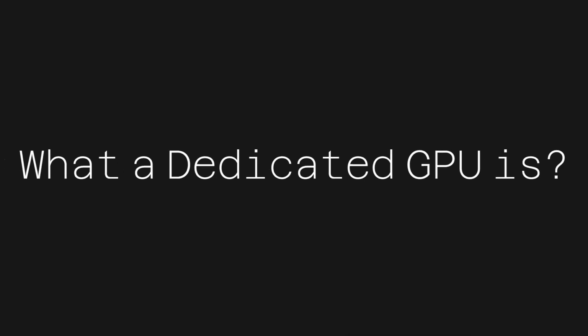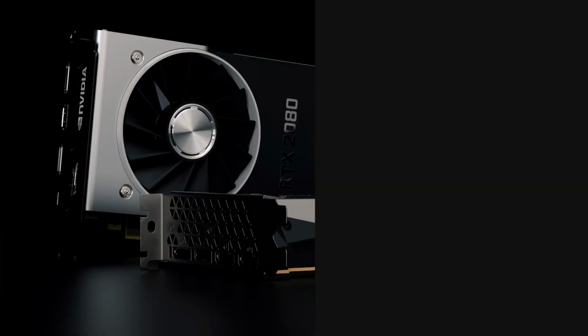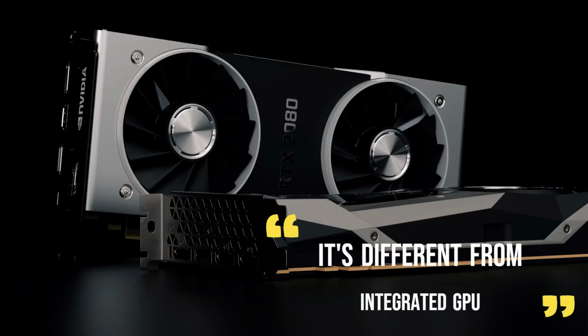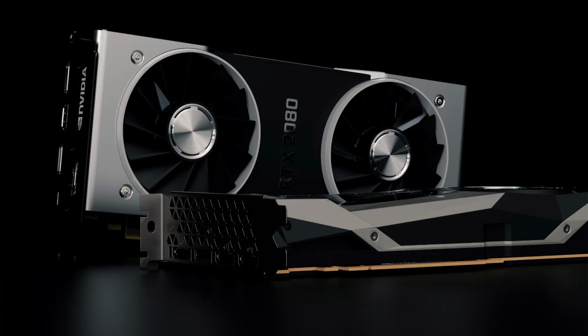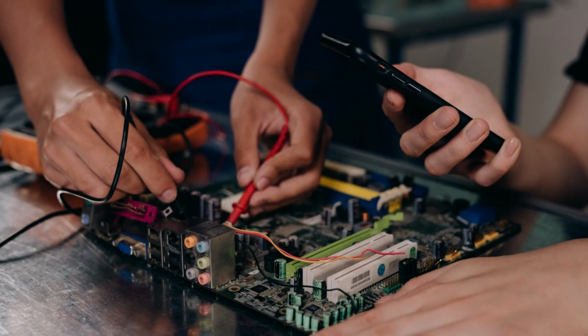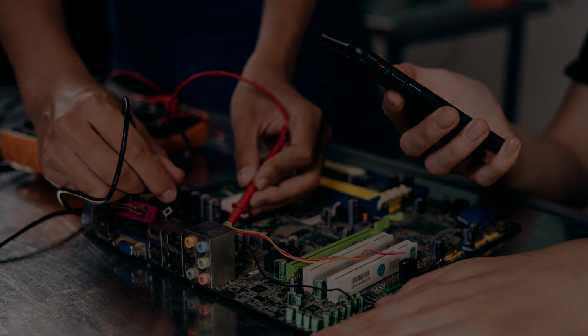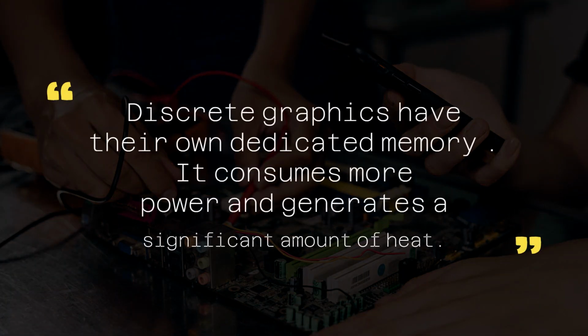Now, let us see what a dedicated GPU is. It's a little different from an integrated GPU. Its hardware contains a separate processor. Discrete graphics have their own dedicated memory that is not shared with the CPU. Unlike integrated GPUs, it consumes more power and generates a significant amount of heat.